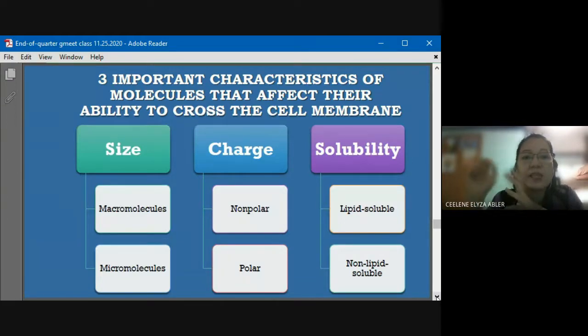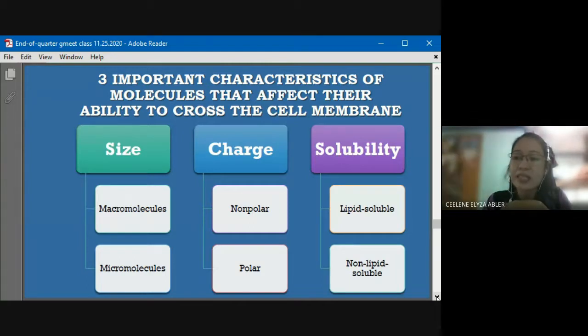Okay. There are 3 important na characteristics na maka-affect ng kanilang entry or exit in and out of the cell. So, paano sila nakakapasok? Meron tayong 3 main factors. We have the size. Macro refers to malaki. We have micro na maliit. Okay. Saan dyan ang mas madaling makapasok? Siyempre, yung maliit.